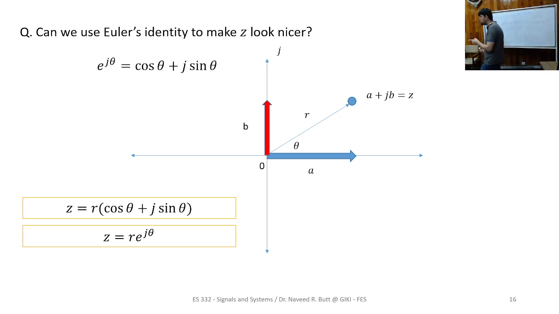Compared to what? Z equals A plus J B. What was that? Cartesian. This is polar. Yeah. So there you add, yes, real part, complex part. Here you multiply R with E J theta. Now you know the story behind this, the back story of this guy. Yeah.